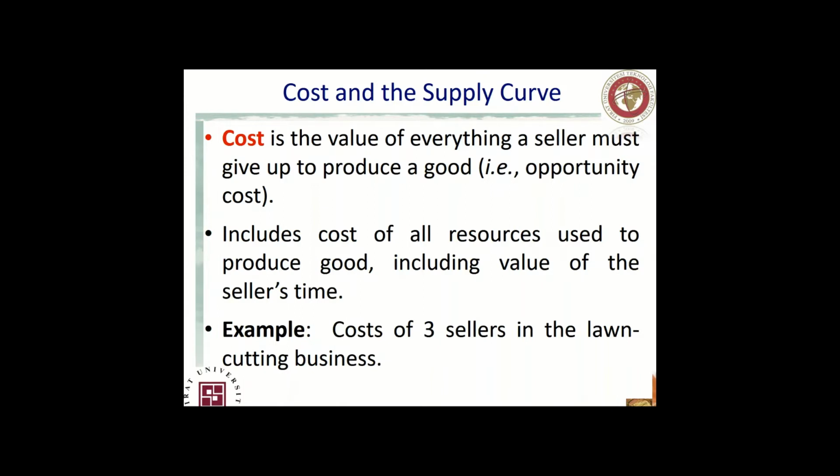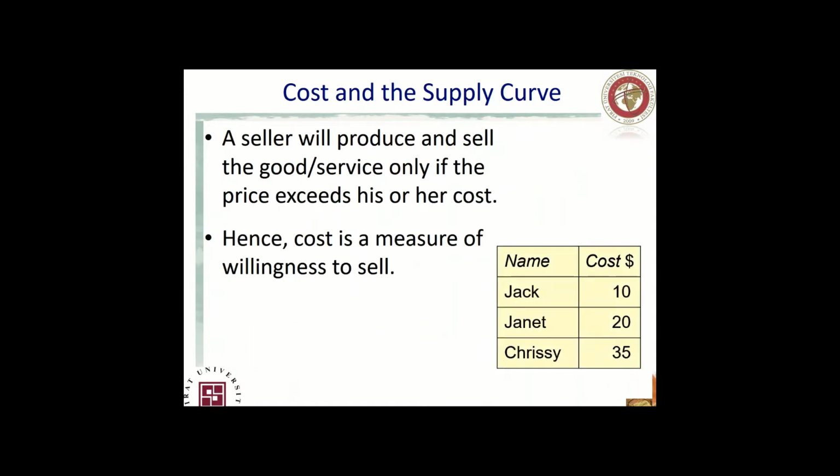So now let's think about three sellers of lawn cutting. It's a service provided by some labor. In that case, we may think about the willingness to sell. What does it mean? It means if we have a price that exceeds the willingness to sell of someone, then that person would sell. It means the price exceeds his cost in that case.